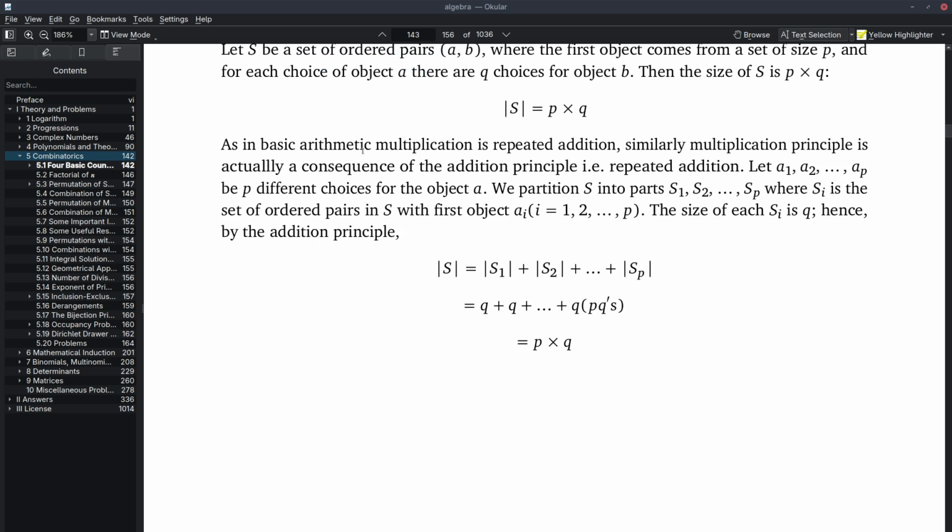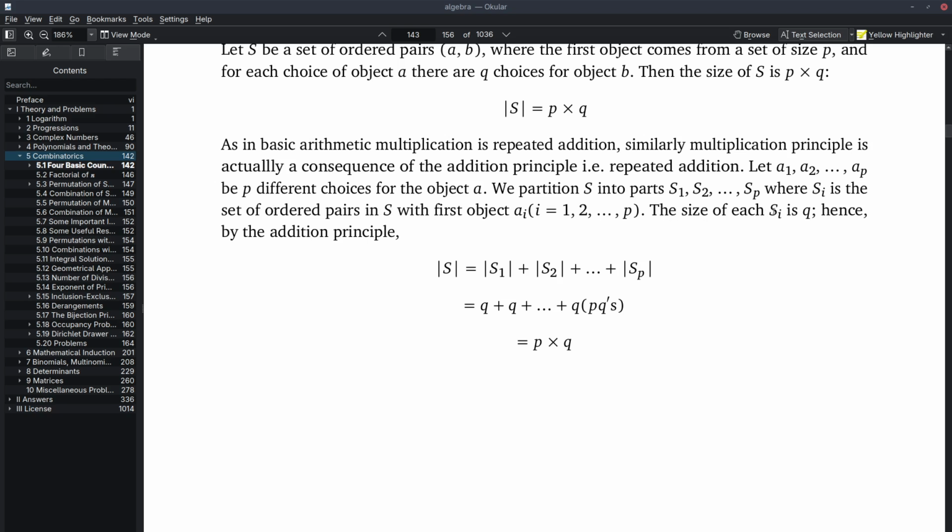As in basic arithmetic, multiplication is repeated addition, similarly the multiplication principle is actually a consequence of the addition principle, that is repeated addition. Let A1, A2 through AP be P different choices for object A. We partition S into parts S1, S2 through SP, where Si is the set of ordered pairs in S with first object Ai.